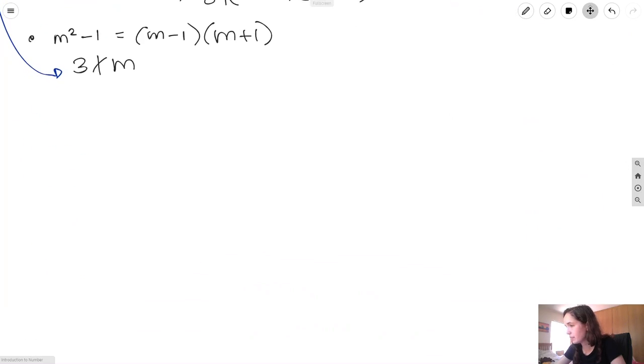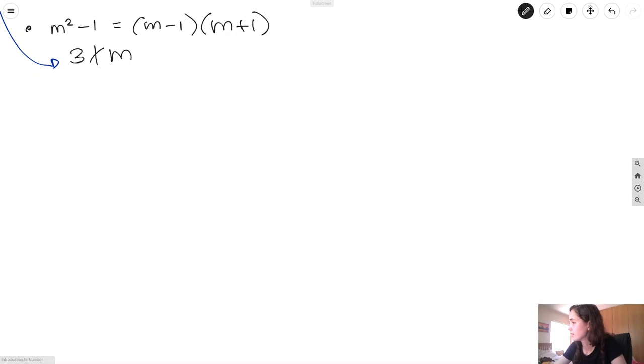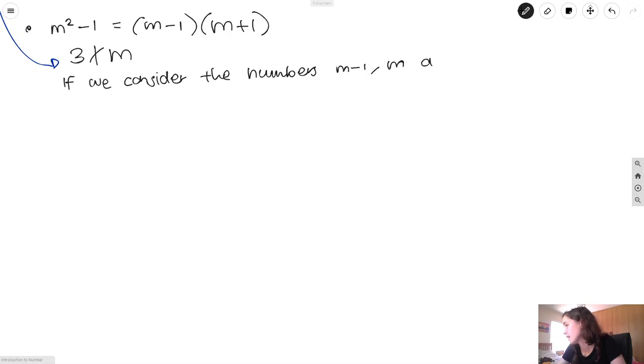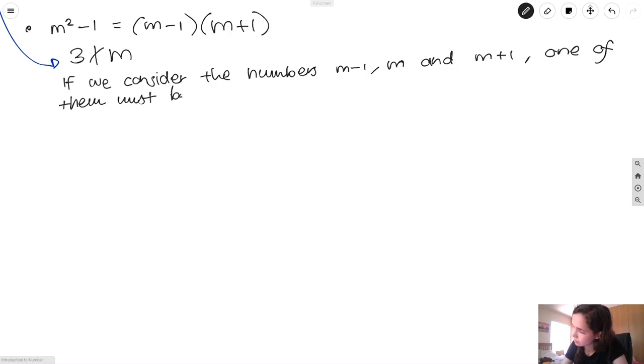This means that if we consider the numbers m minus 1, m, and m plus 1, one of them must be divisible by 3.